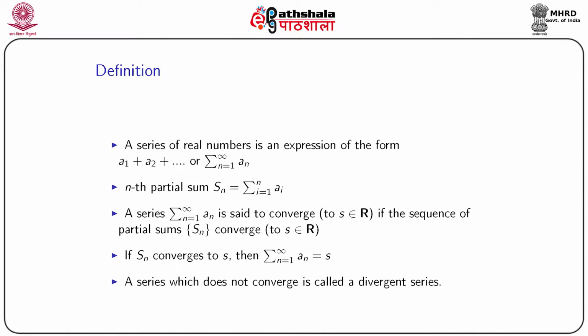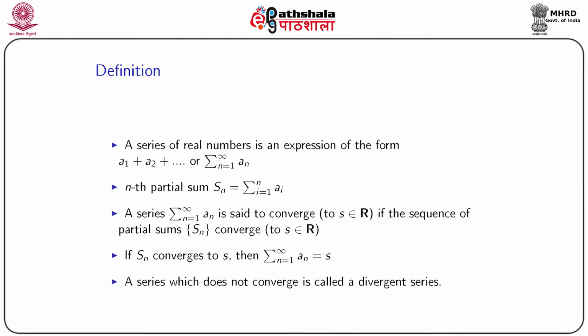A series of real numbers is an expression of the form a1 plus a2 plus a3 and so on, or in a compact form, the sum over n from 1 to infinity of an. This is called a series of real numbers, where a1, a2, a3 are all real numbers.